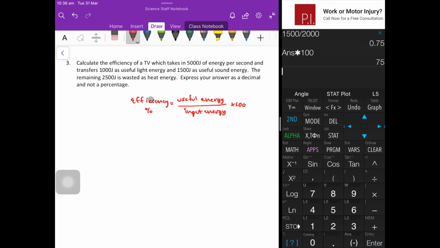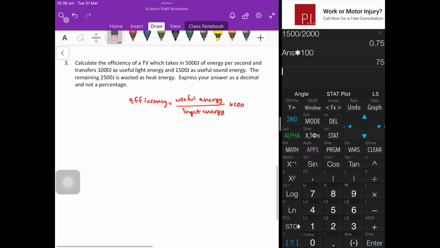Well, we're not going to think about it like that, are we? So what we're going to do is rub that out. Efficiency will be measured as a decimal. And so to turn this into a decimal, we don't have to also times by 100. So there's my efficiency as a decimal. This is going to come out as a decimal. I don't have to multiply it by 100.